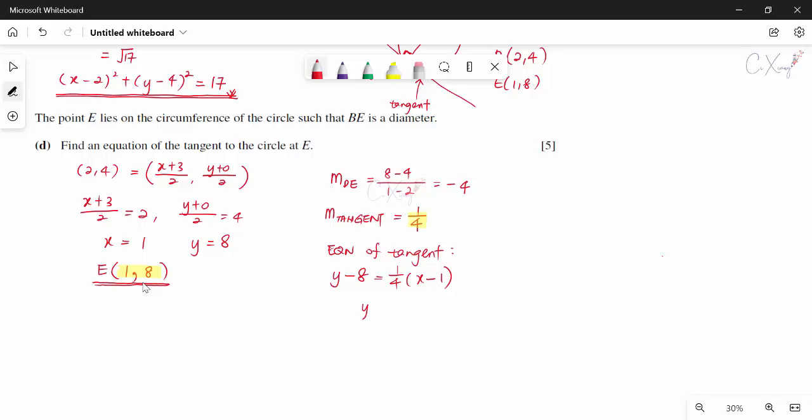Okay, so from here you simplify everything. If you didn't make any careless mistake, then the answer that you get should be y = (1/4)x + 31/4.